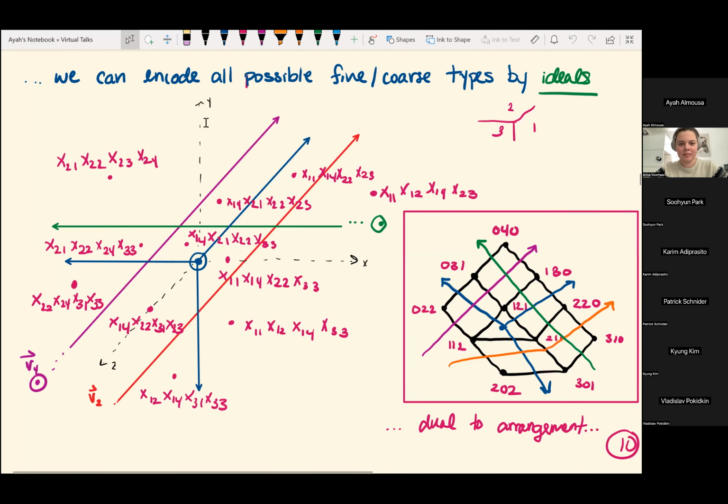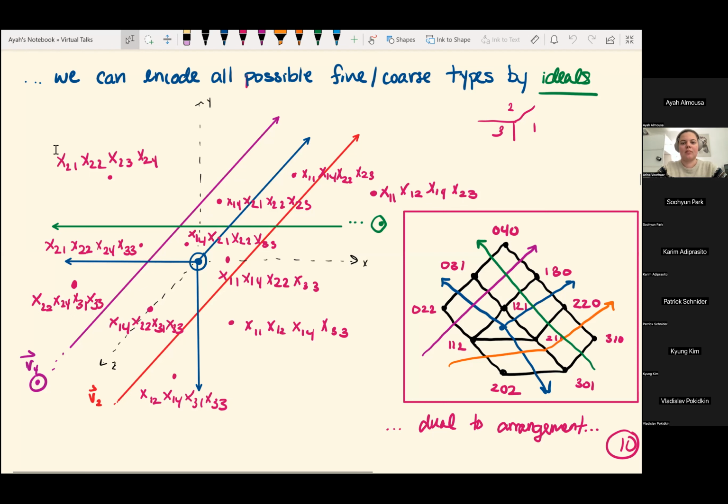Yeah, so we code all possible fine and coarse types by ideals by remembering the fine and coarse types of all of the cells in the arrangement, right? And notice, I had mentioned that the bigger the cell, the smaller the degree of the monomial.